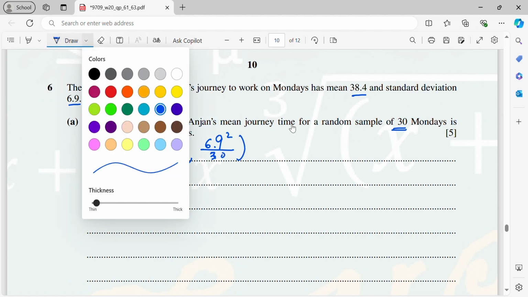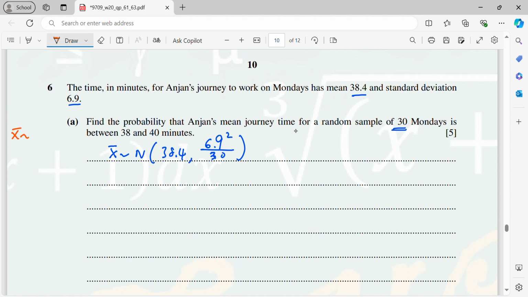So we are using this formula. Later when you standardize, it will be X bar minus mu over the square root of sigma squared over n. Then you need to calculate the probability that X bar is between 38 and 40.